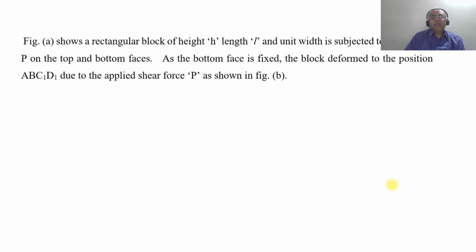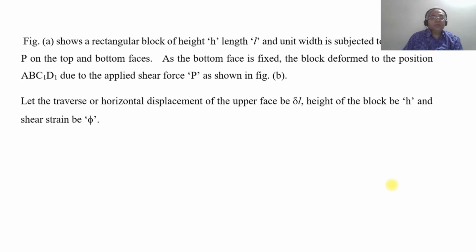Now we will take a rectangular block of height h and length L, of unit width, subjected to shear force P on the top and bottom faces. As the bottom face is fixed, the block will be deformed to the position AB C1 D1 due to the applied shear force P, as shown in figure B. So let the transverse or horizontal displacement at the upper face be delta L, the height of the block be h, and the shear strain be phi.